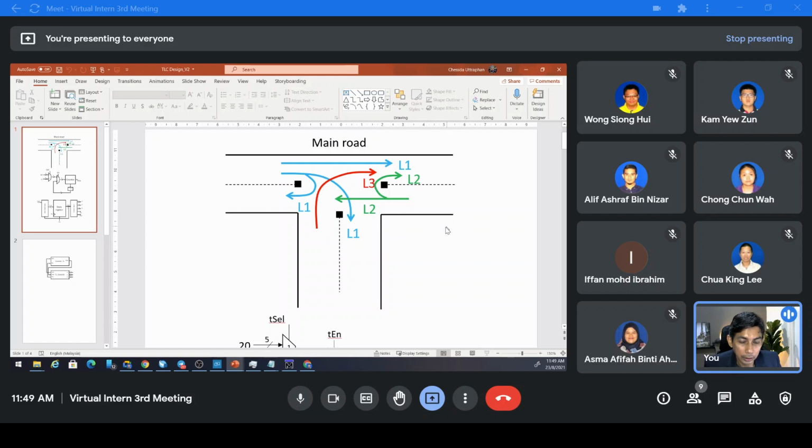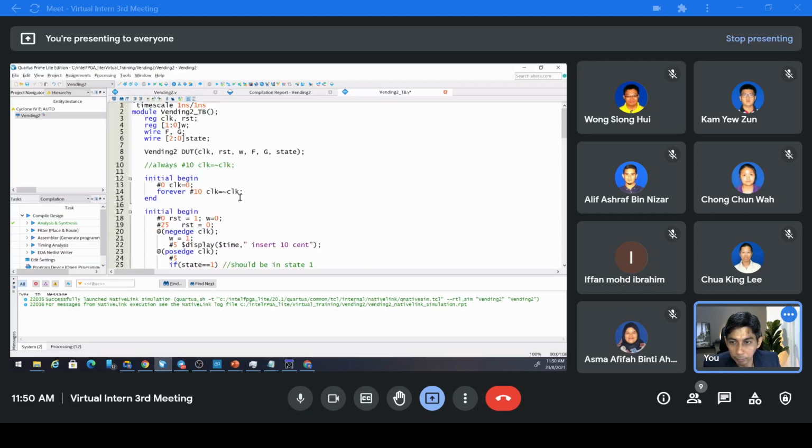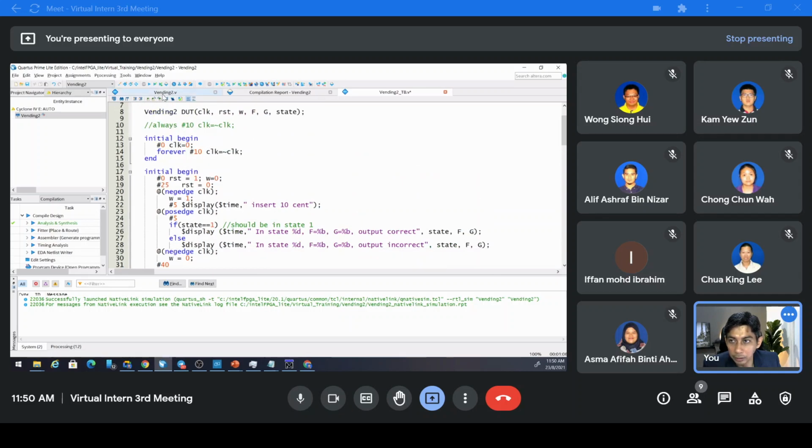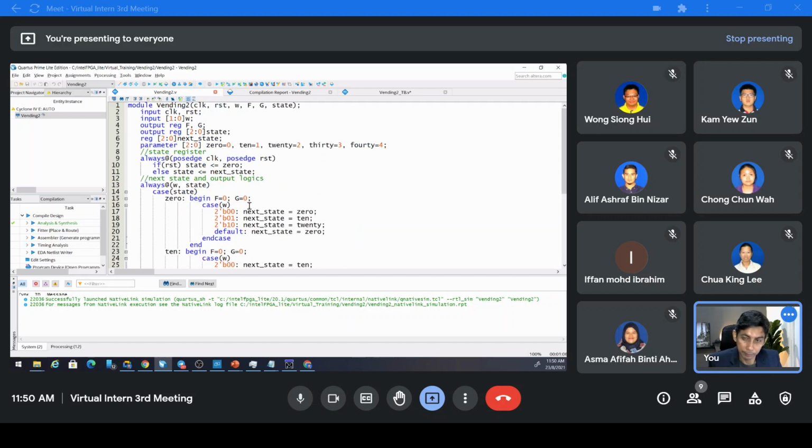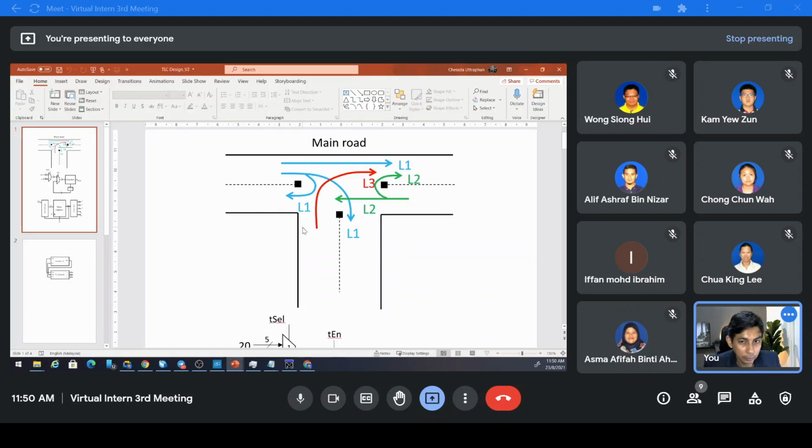So the good thing about FPGA is that the performance is good, small, low cost, and it is reconfigurable, meaning that you can change the design just like this. When you want to change the design, you change the code, and it will change the configuration, the circuit in your FPGA.